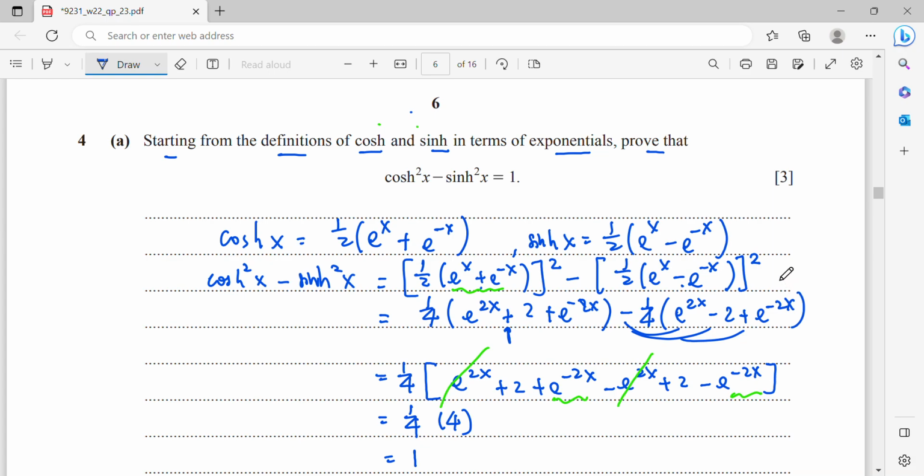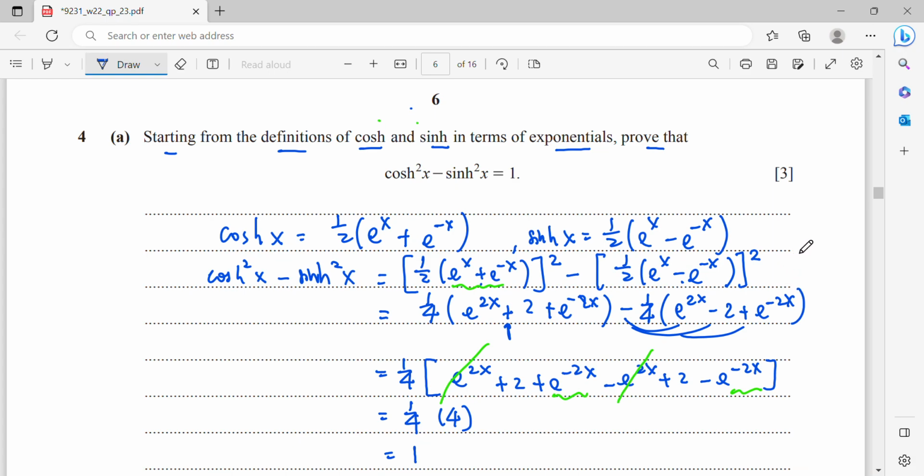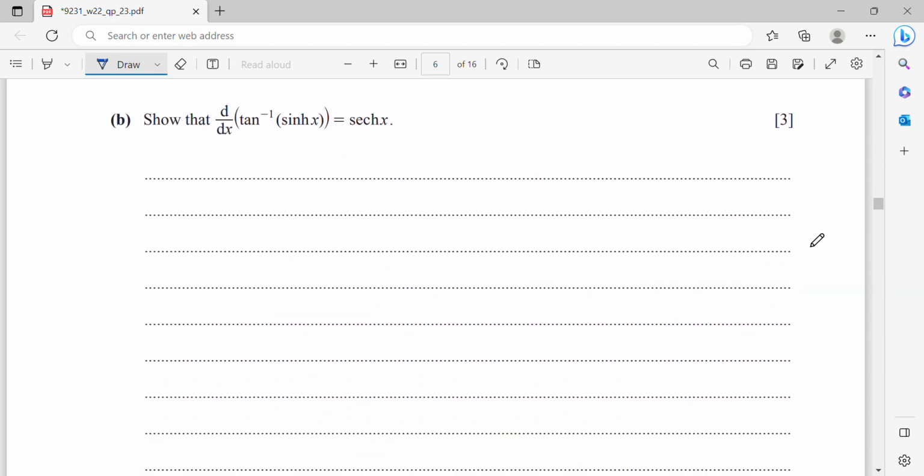Alright. So now B, show that differentiating inverse tangent of sinh x with respect to x gives hyperbolic secant x. Alright, so now we refer to the formula d over dx of inverse tangent of x over a, it will be a over a squared plus x squared.